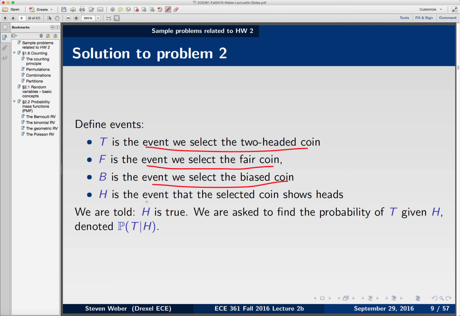And H is the event that the selected coin shows heads. So what's given? We're told that the coin shows heads. That is, H is true. What is asked? We are asked to find the probability that the two-headed coin was the coin that was selected. In our notation, we're asked to find the probability of T given H.